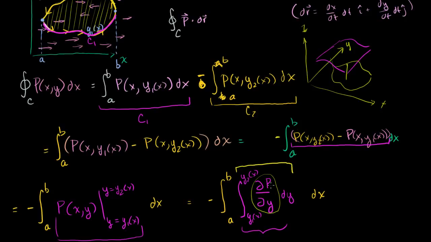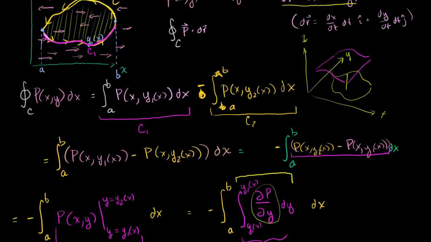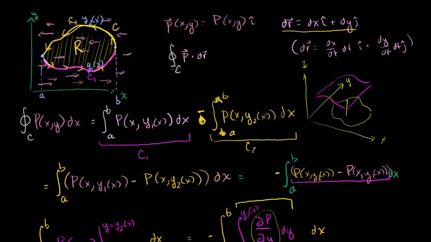But the really neat outcome here is, if you call this region R, we've just simplified this line integral, and this was a special one. It only had an x component, the vector field.